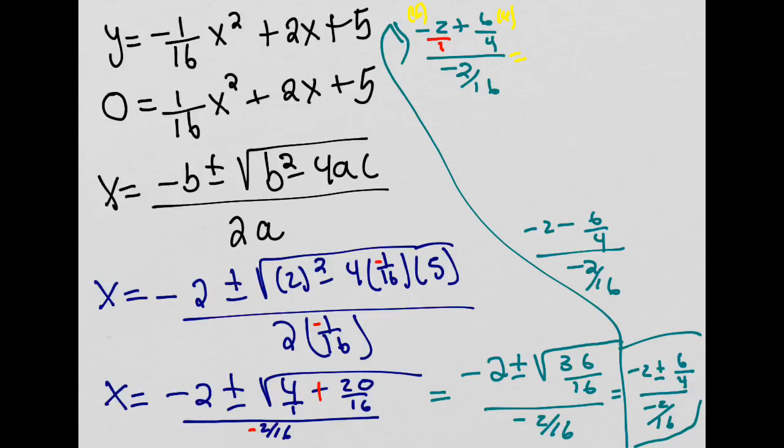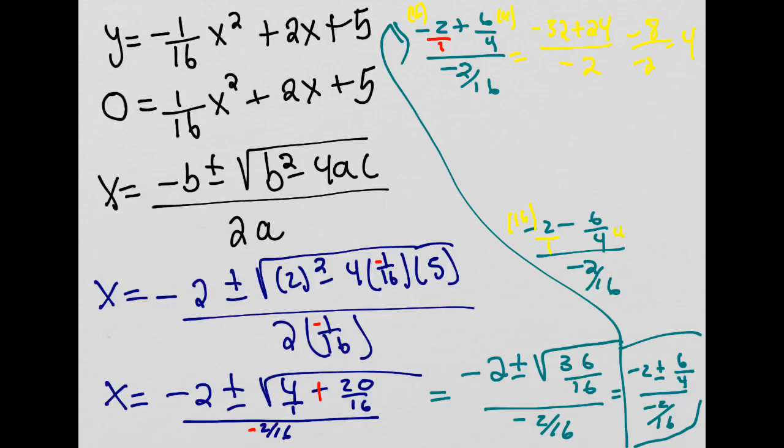So this becomes negative 32 plus 24 over negative 2. Negative 32 plus 24 gives me negative 8. Divided by negative 2 gives me positive 4. What a nice number. We're going to do the same here.